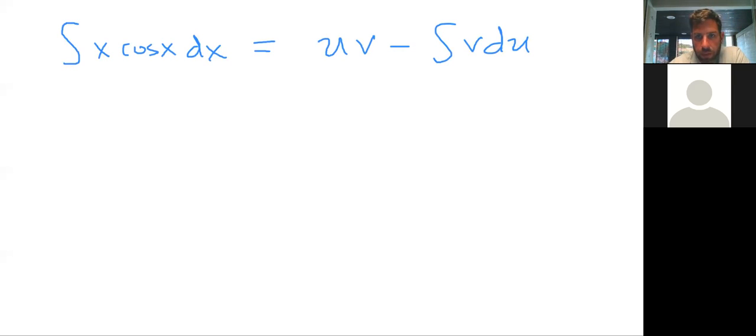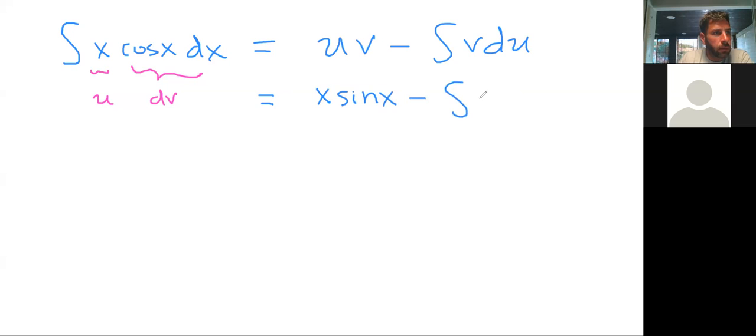And let's not forget what our u and our v was. So this was our dv, and this was our u. So this becomes x, and then our v was sine of x, and then we're left with the integral of sine of x. And then what's du? Du we found was just dx.